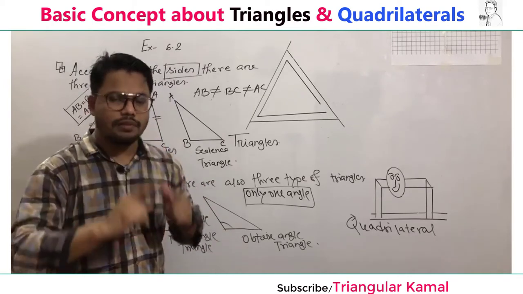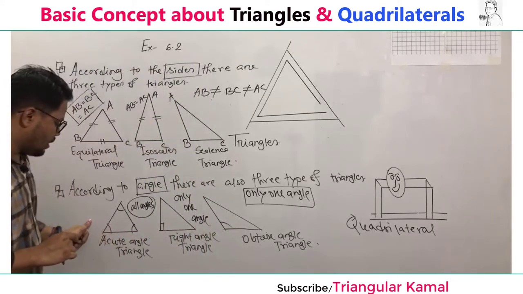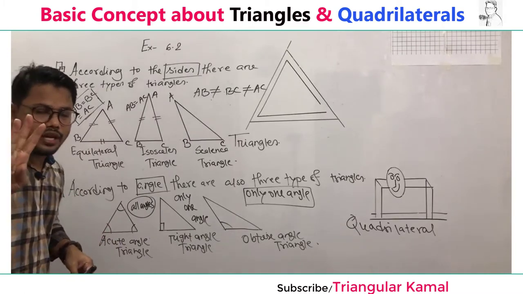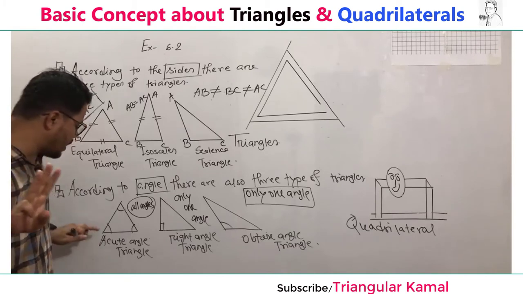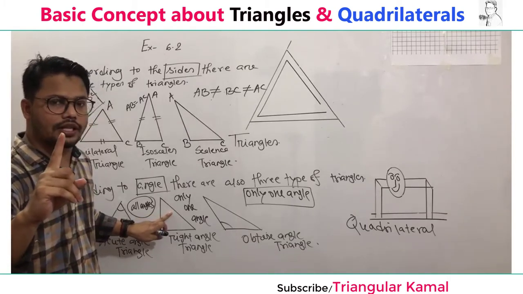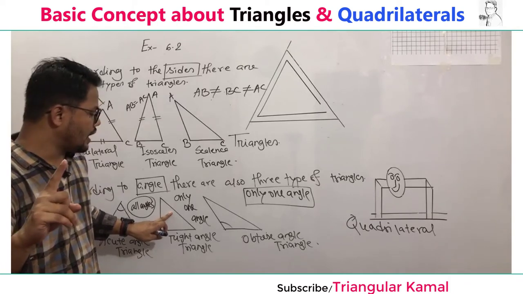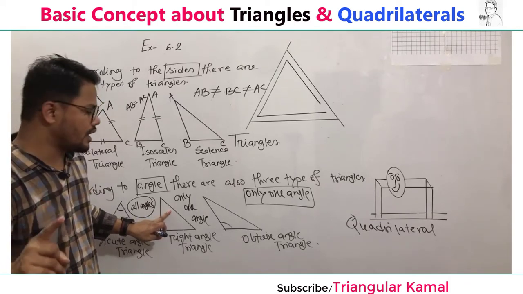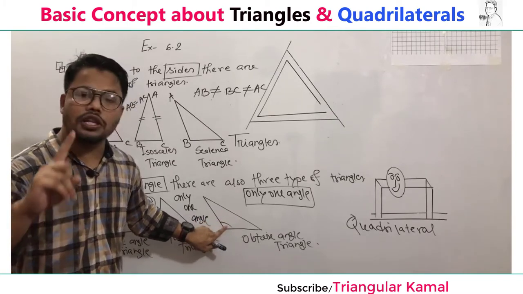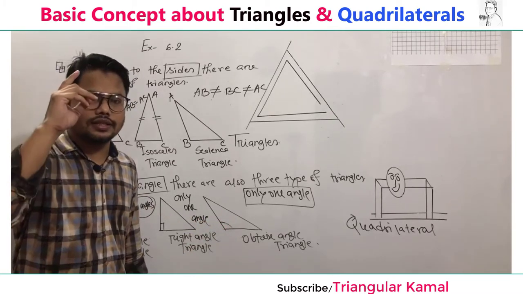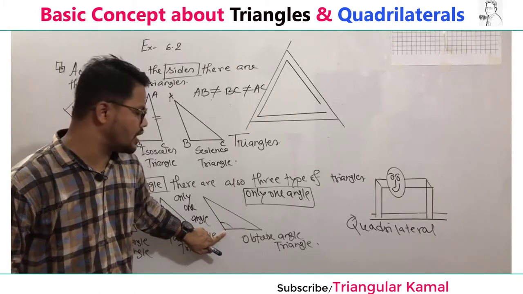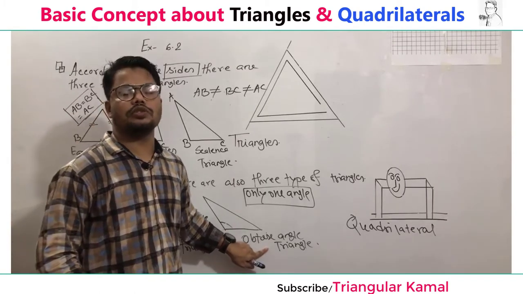So let me clear this one again. In an acute angle triangle, the three angles must be individually smaller than 90 degrees. In a right angle triangle, only one angle will be 90 degrees. In an obtuse angle triangle, when only one angle is greater than 90 degrees but smaller than 180 degrees, this triangle is called an obtuse angle triangle.